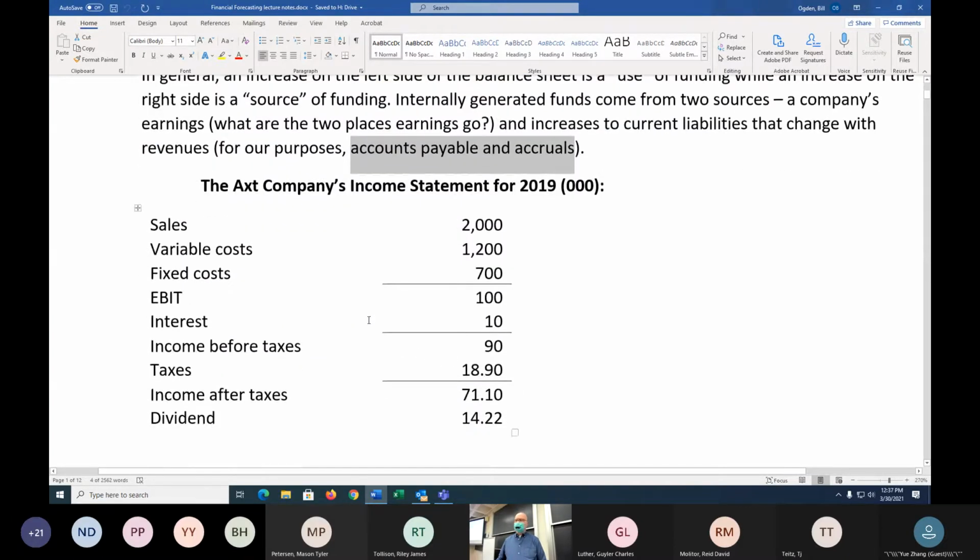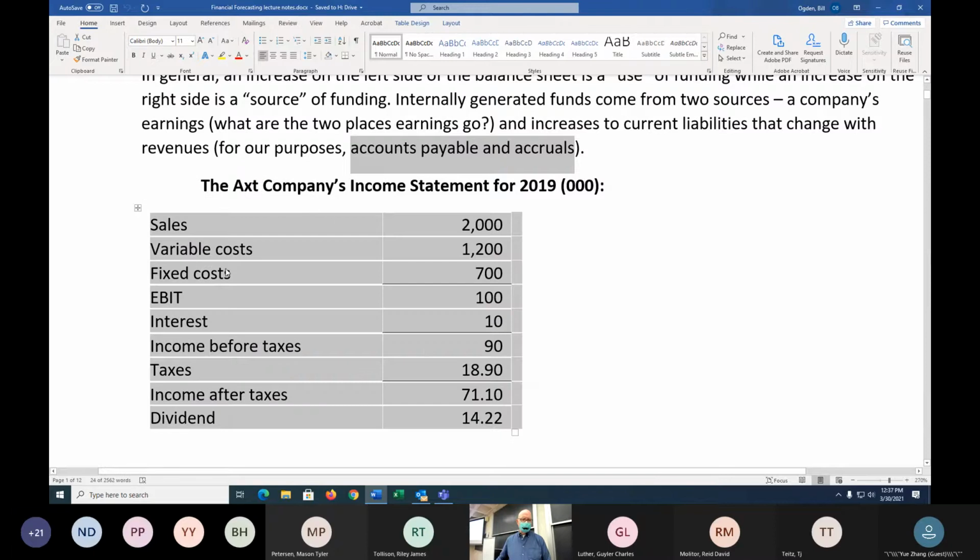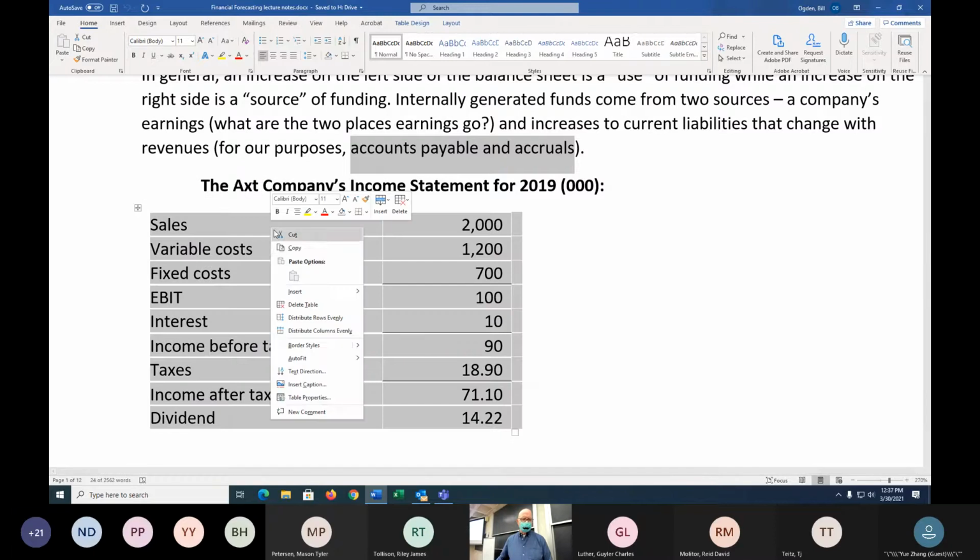So by the way, if you would have downloaded this file before yesterday, please do it again, because the original version I had these financial statements as a picture, and obviously you can't play with them much if they're going to be a picture. So I converted them to just a table, and so this we can use.